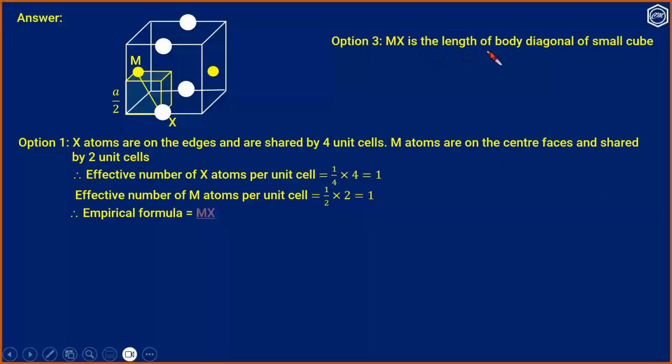So MX is the length of the body diagonal of the small cube. Now body diagonal is root 3 a, and here it is a by 2, that is edge length, so it is root 3 a by 2. Hence the ratio MX by a, MX is equal to root 3 a by 2 divided by a, and that is equal to 0.866.